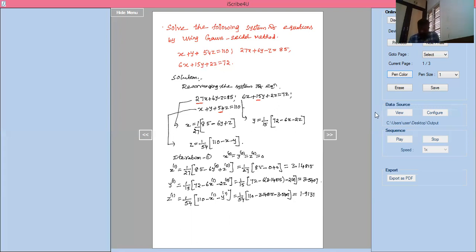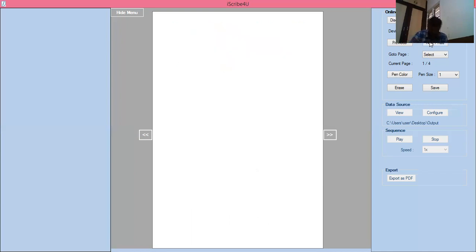Next is iteration 2. Now I'll write x of 2 equal to 1 by 27 into 85 minus 6 into y of 1 plus z of 1.